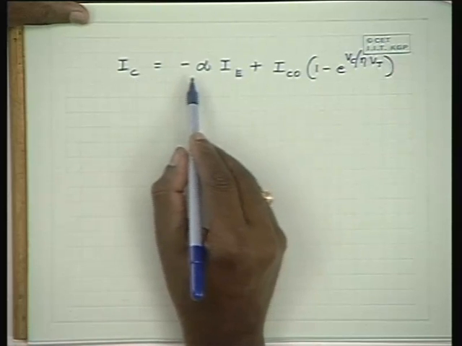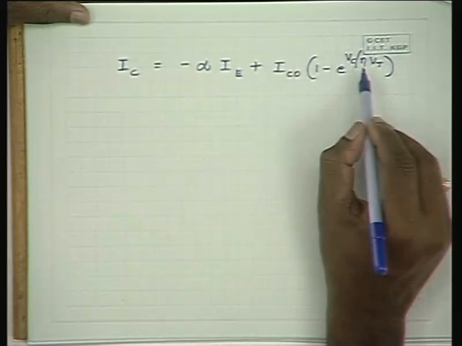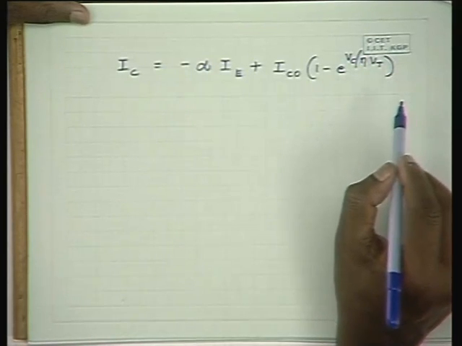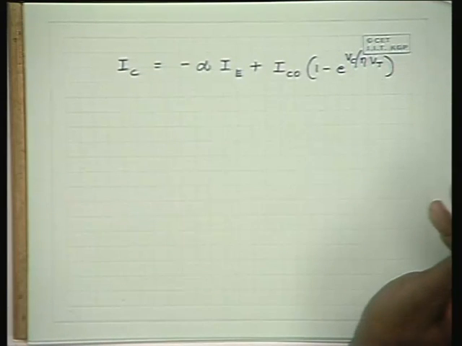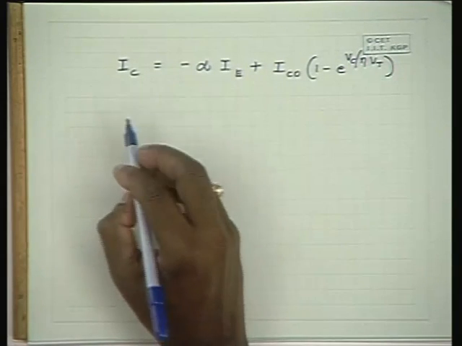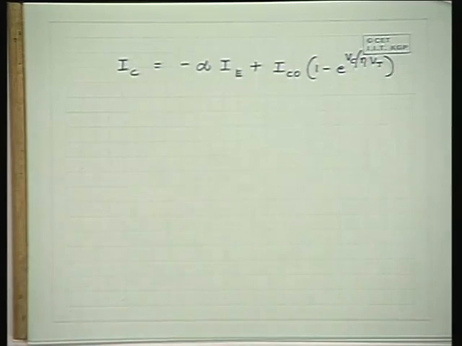The collector current IC is equal to minus alpha IE plus IC naught into 1 minus e to the power of Vc by eta Vt, where IC naught is the reverse saturation current of this PN junction. Please note that the negative sign is coming because of the convention.